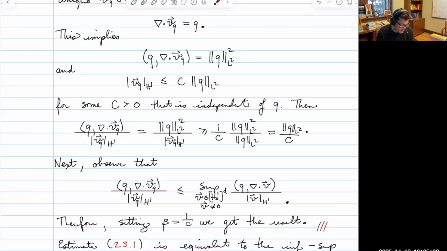We know that this inequality holds, so let's write this in a reciprocal form. If this inequality holds, then the reciprocal says that 1 over the H1 seminorm of V_Q is greater than the reciprocal of what we have there.